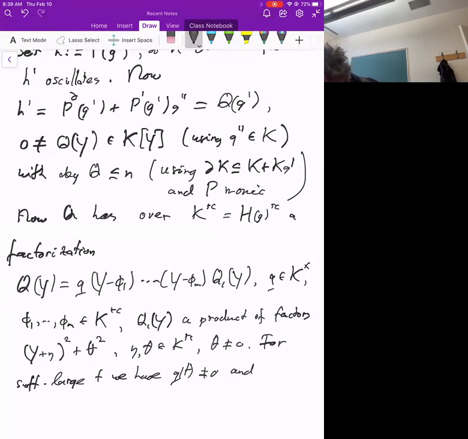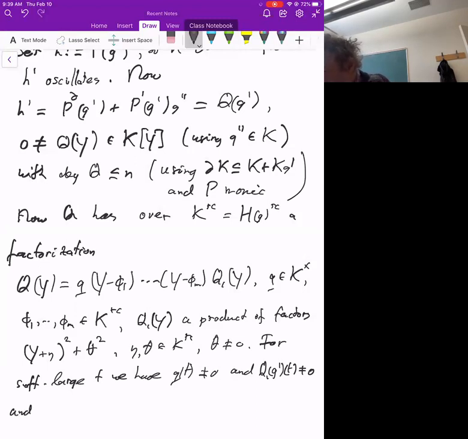And also Q1(G prime)(t), when I plug in G prime, will not be 0. And H prime(t), right?